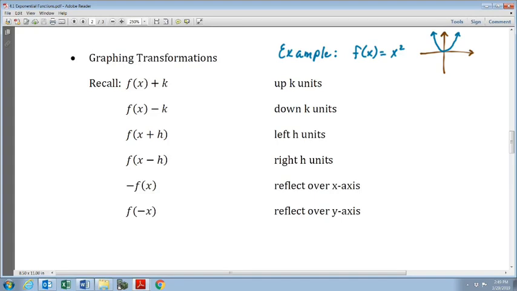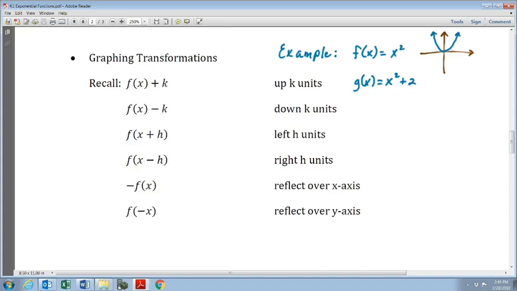So it says, recall that if you have f of x plus some number separate from the function, it causes the function to go up k units. So for example, in our case, if you had g of x equals x squared plus 2, we know what x squared looks like, and that plus 2 would cause the graph to move up 2 units.